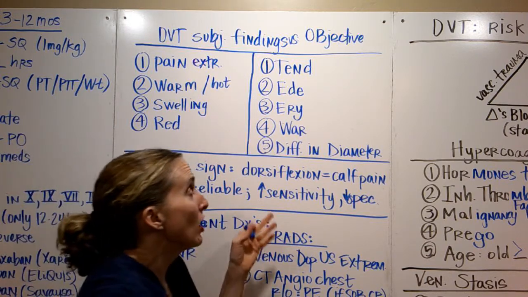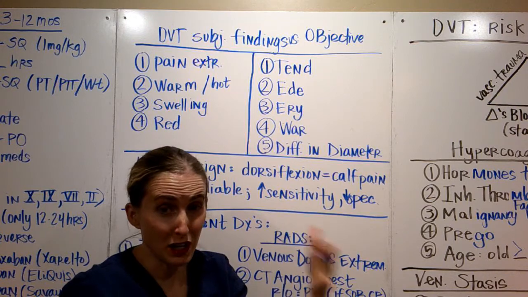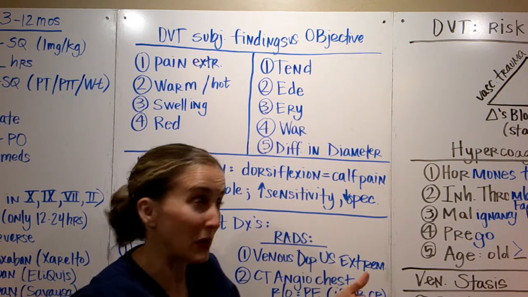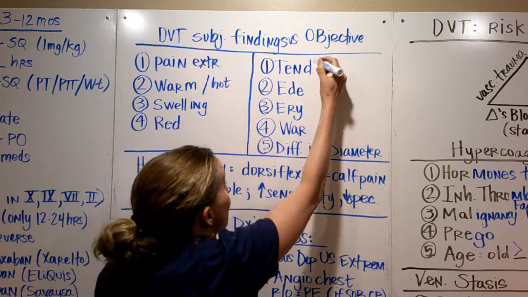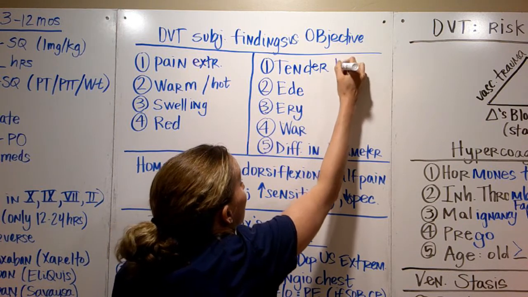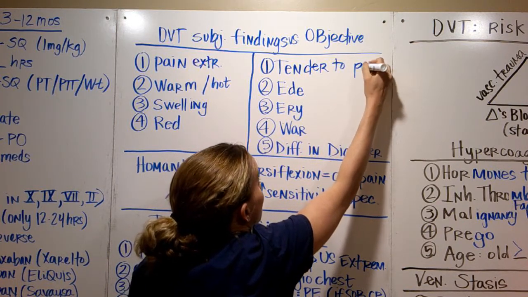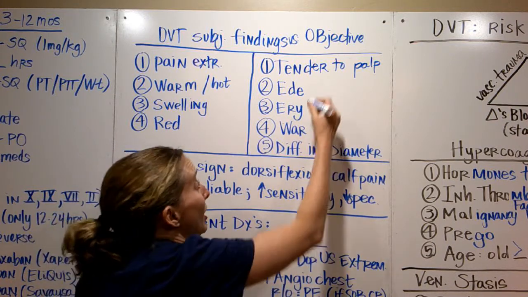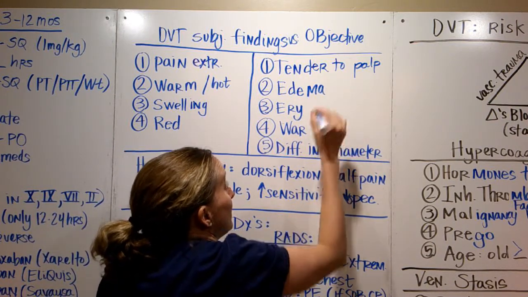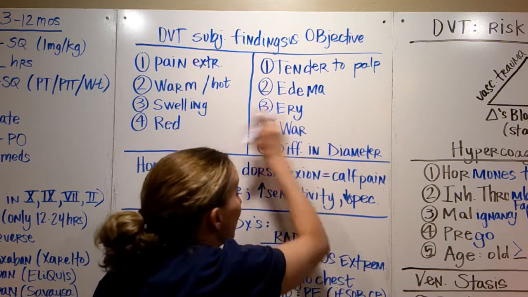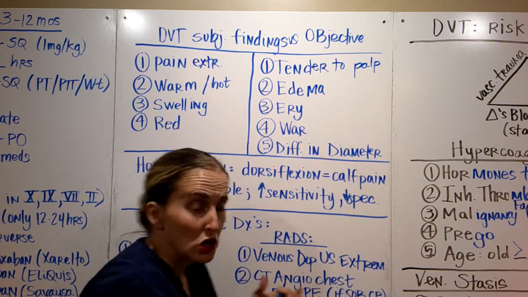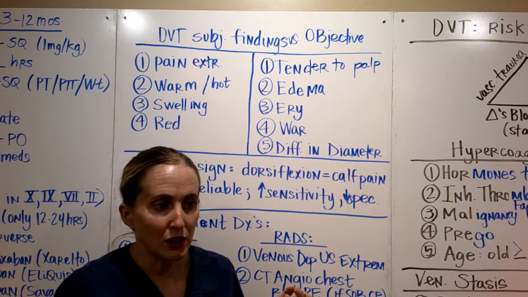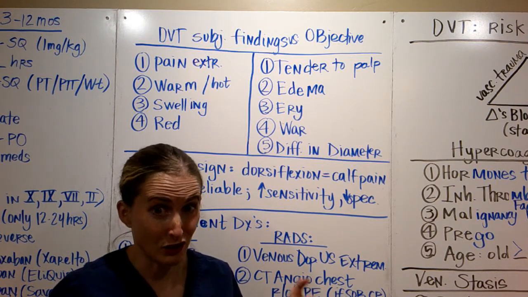So now we have our objective findings, things that we can observe or find on an assessment. And so, yes, it is tender to palpation, usually. So it usually is tender when we try to touch it. The objective version of swelling is edema, right? So you push on it, and then your finger indentation is still left in there.